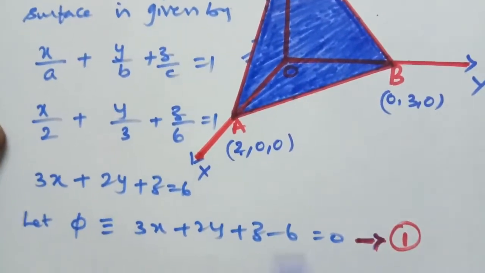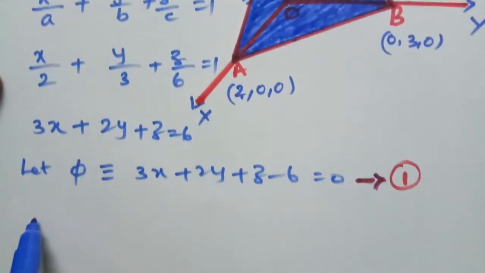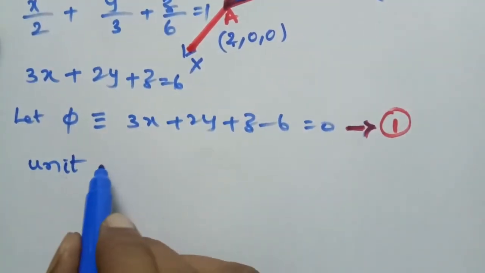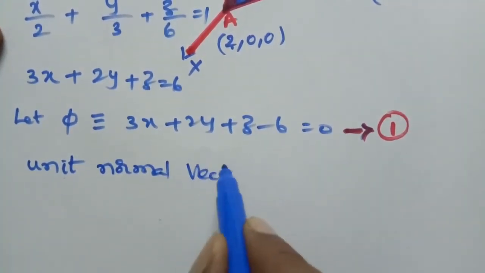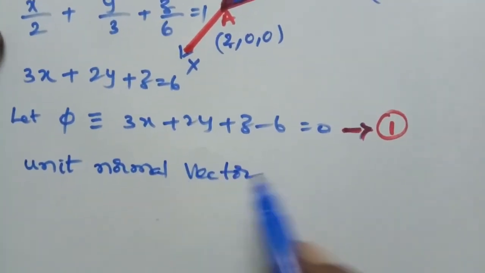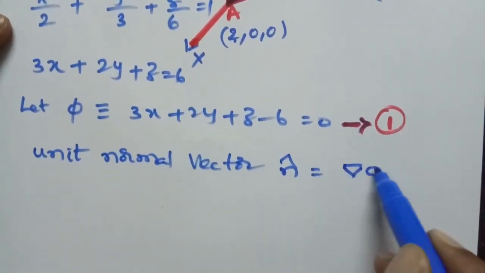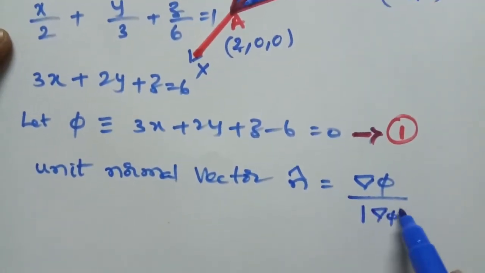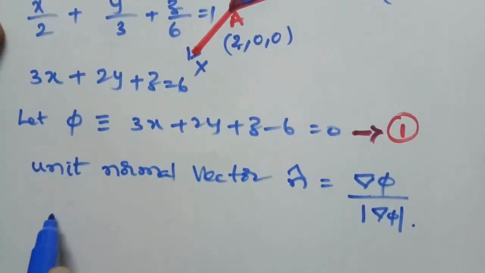Now we have to find the unit normal vector. The unit normal vector n cap is equal to del phi by modulus of del phi. First we find del phi.